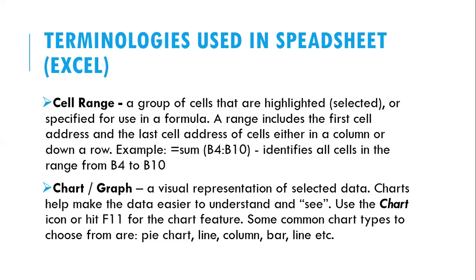You can use the charts icon, or simply hit F11 for the chart feature. Some common chart types to choose from are pie chart, line graph, column, bar, line, and so on. So those are just the graphs that you can use to present your data.